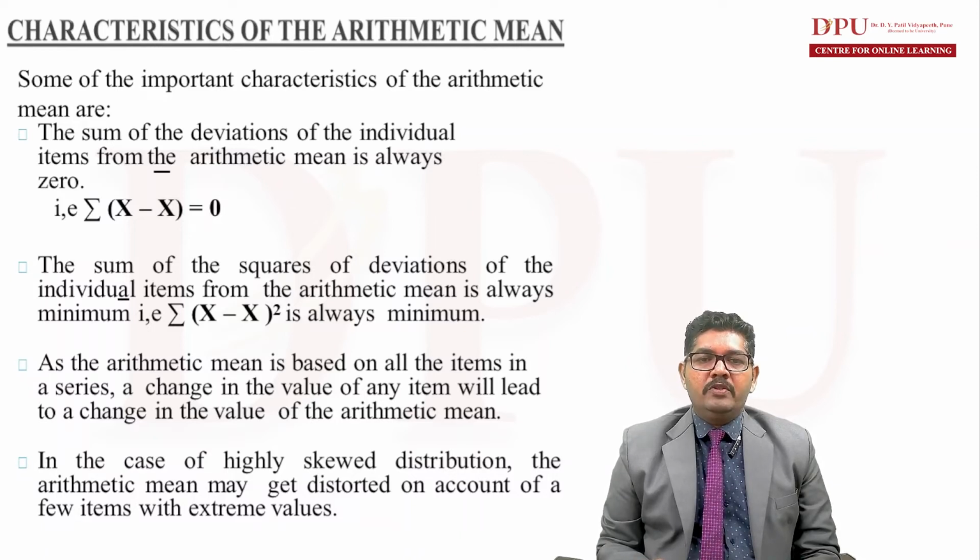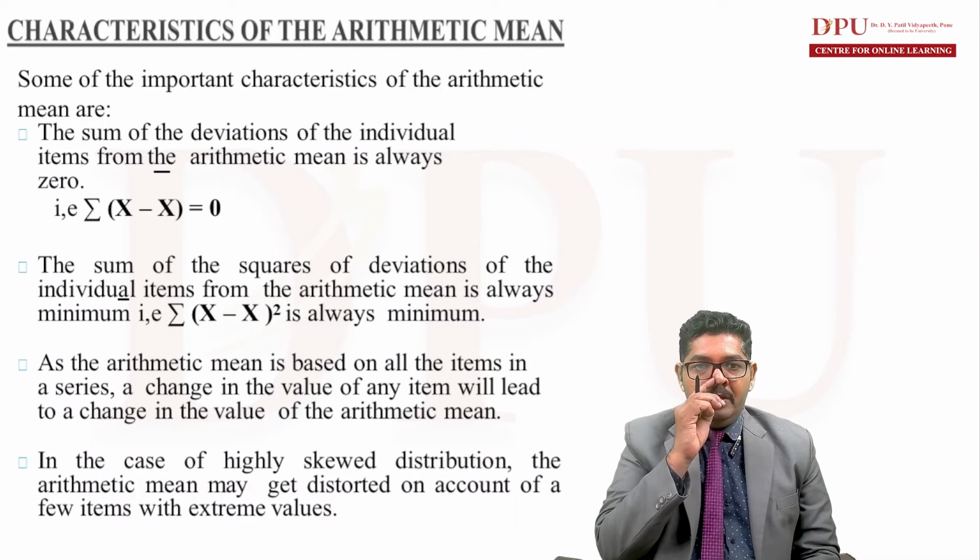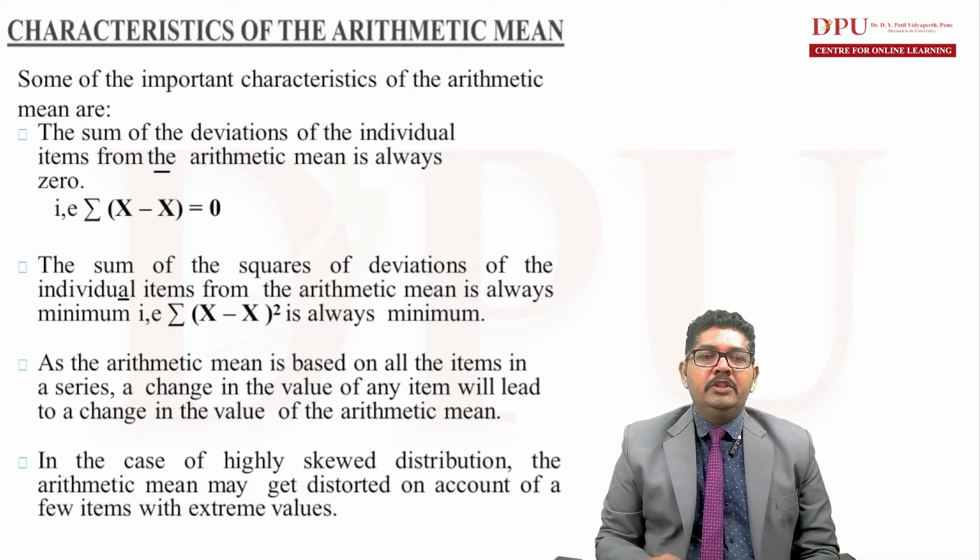The sum of the squares of deviations of individual items from the arithmetic mean is always minimum, right? So this is summation of (x minus x bar) whole square. So x minus x bar is the deviation, and the square of it is the squared deviation. So the summation of squared deviations about the mean is always minimum.